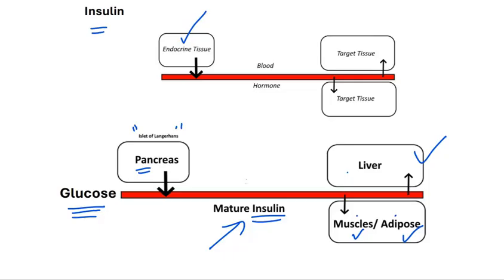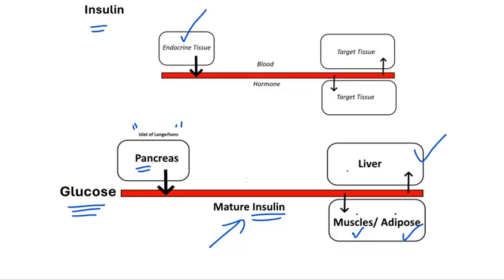Now, in this particular case of insulin's action, we're going to be focusing on its action in muscle cells and the introduction into the cell membrane of what are called GLUT4 transporters, as opposed to those in the liver, which are the GLUT2 transporters.